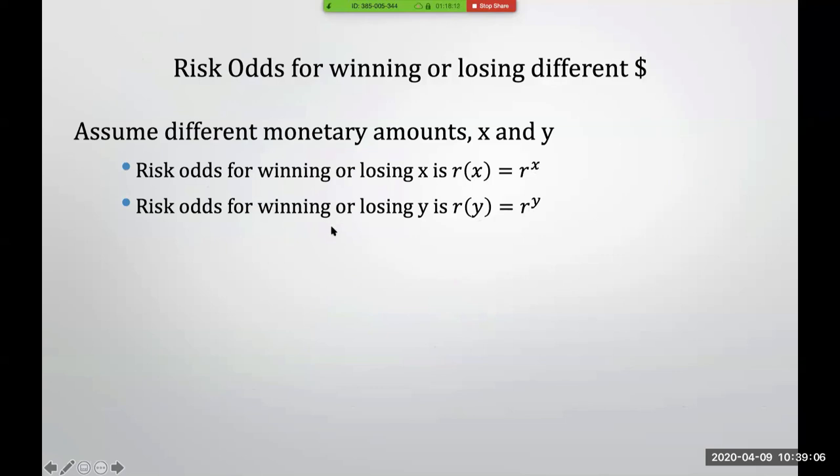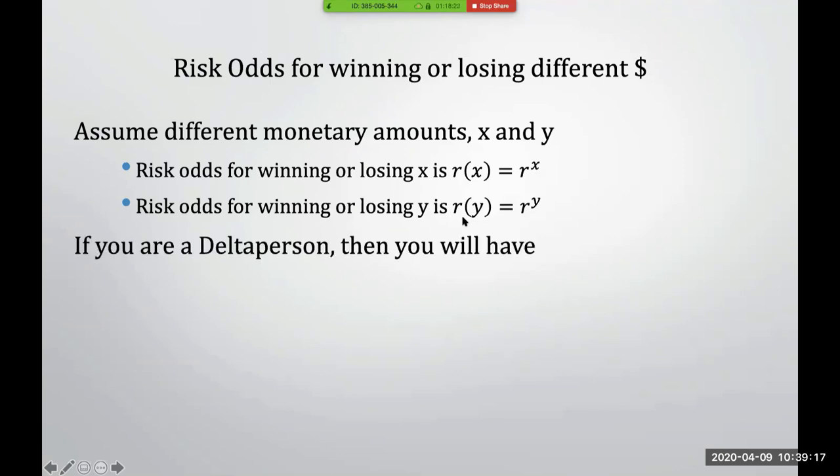Now, as a matter of fact, you can make a connection between the risk odds of winning or losing X dollars with the risk odds of winning or losing Y dollars. If you are risk averse, if you are a Deltaperson, then you would have this relationship. Okay.